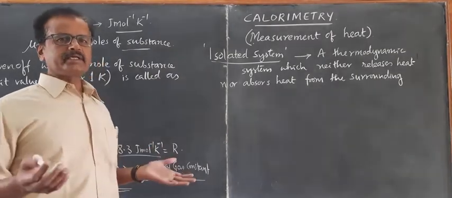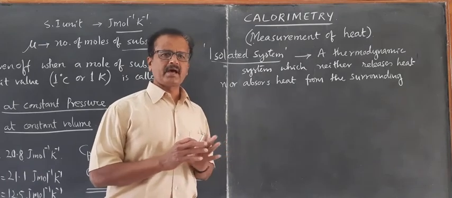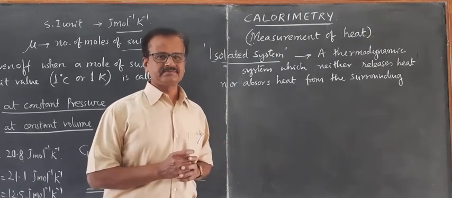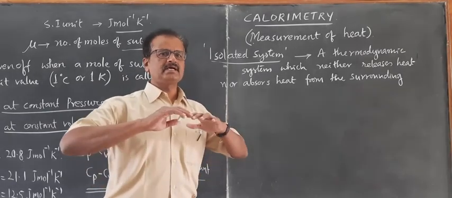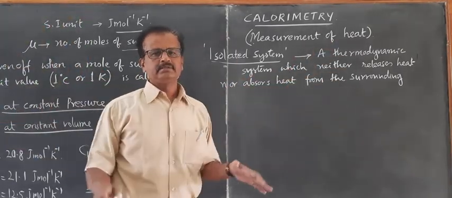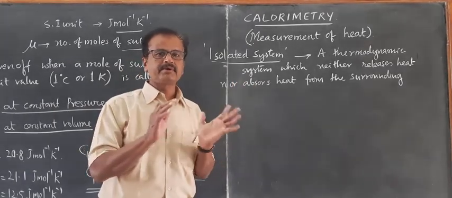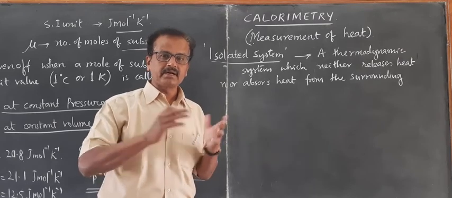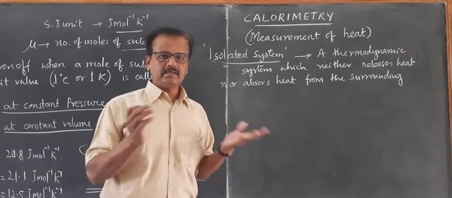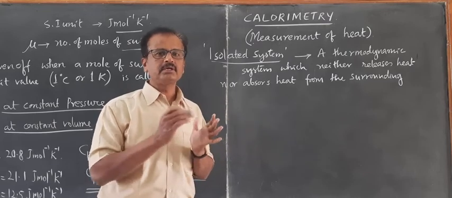There may be an isolated system in which different parts may have different temperatures. Think of one isolated system which is not exchanging heat with the surrounding. But in that system, there may be different parts at different temperatures. Then there is an exchange of heat between those parts.